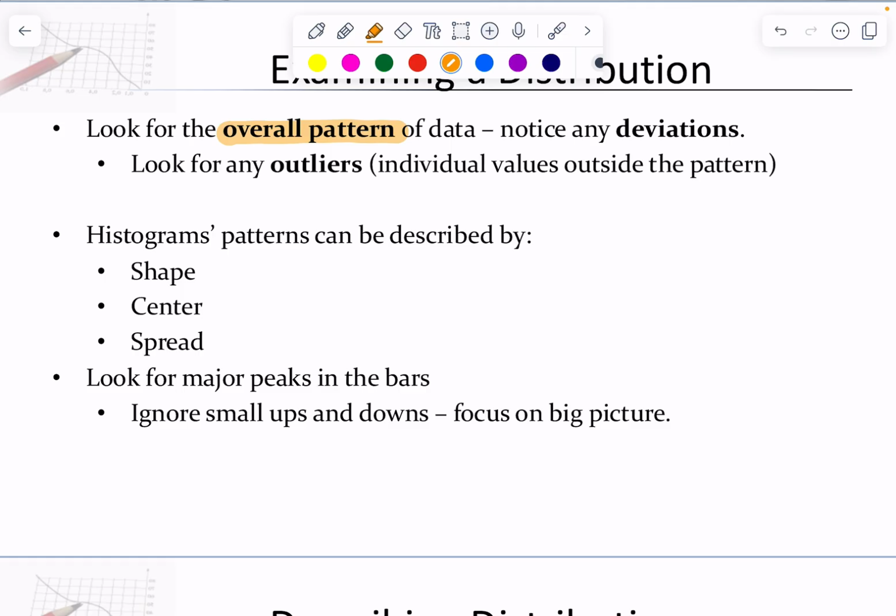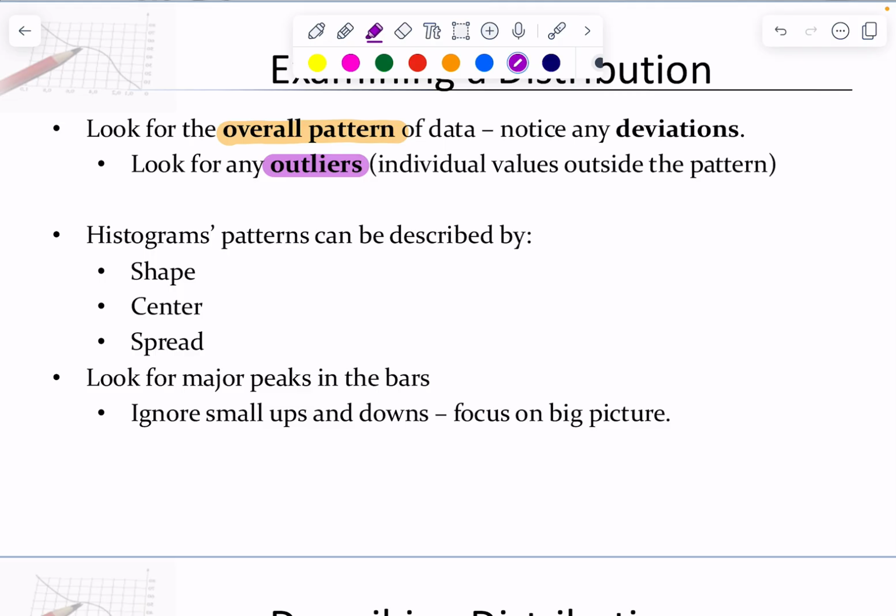Of particular note to us sometimes is looking for anything that falls outside the normal pattern, or these outliers. Sometimes we want to look at those outliers a little bit more closely. Maybe the data was collected incorrectly, or it really is a standalone value, and we need to examine why it's so different from what the rest of the data would have us see.